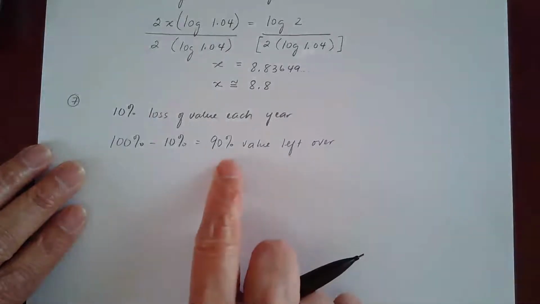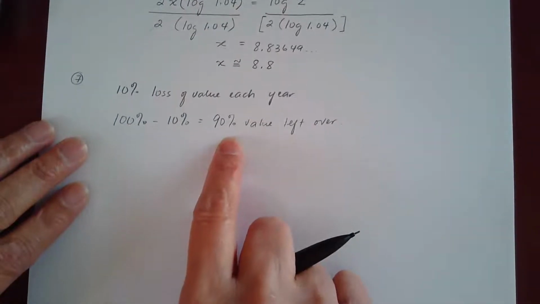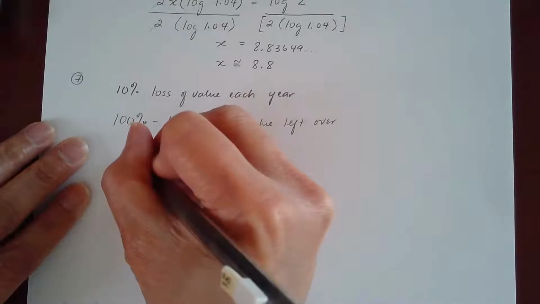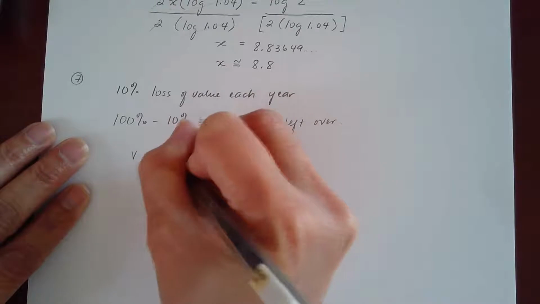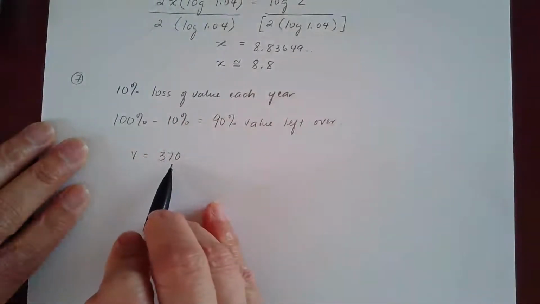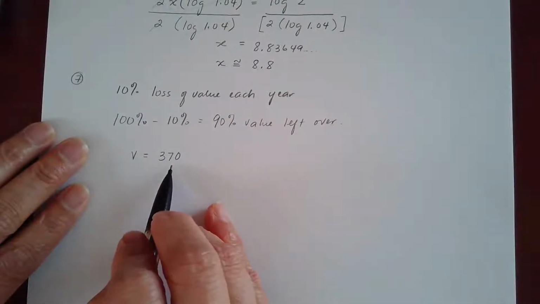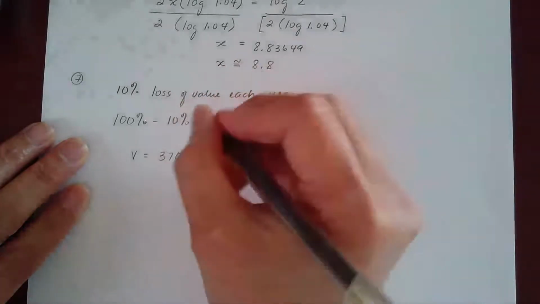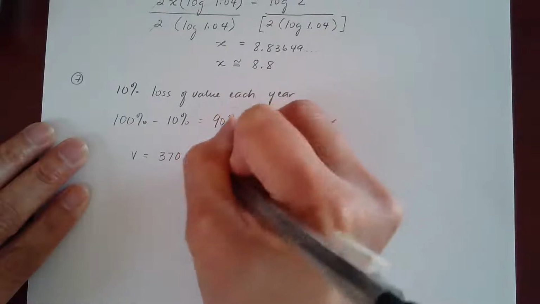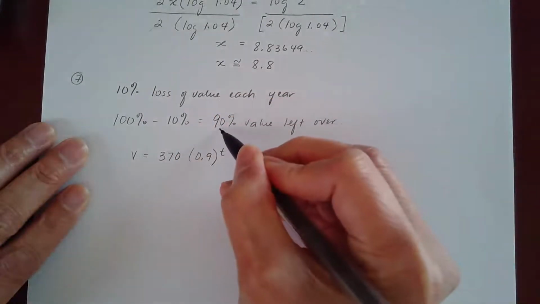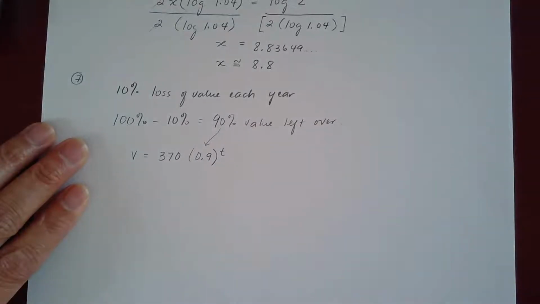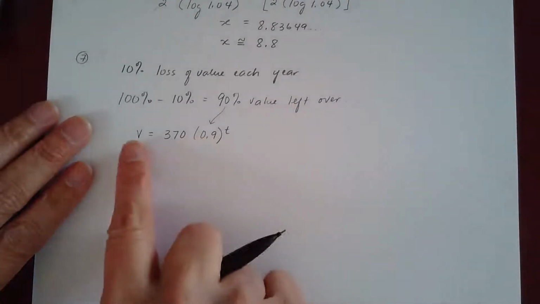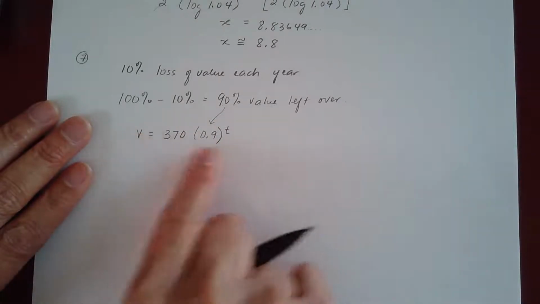And that's why when we see our equation, it looks like this. V, the value, equals 370, and 370 is in thousands of dollars, times 0.9 to the t. So this 0.9 came from the 90%. Okay, so that explains that formula there.